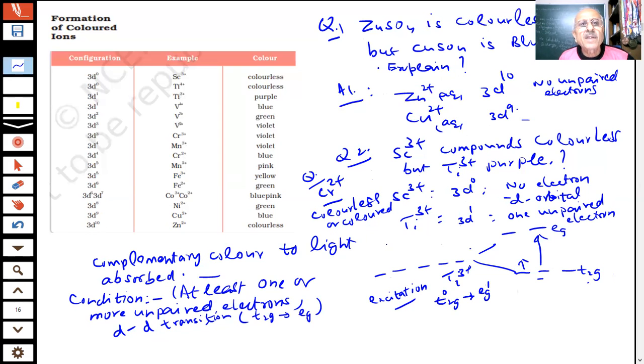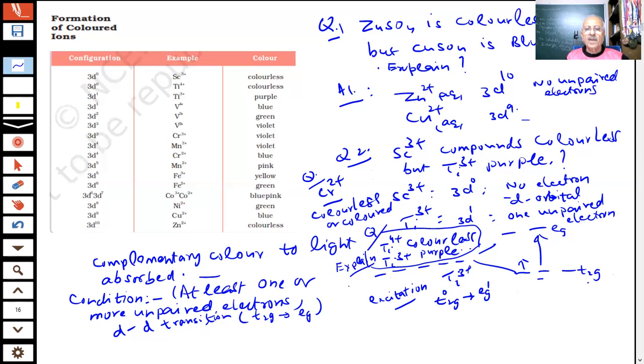What he said is that Ti4+ is colorless, but Ti3+ is purple. Explain, students. Ti4+ and Ti3+.